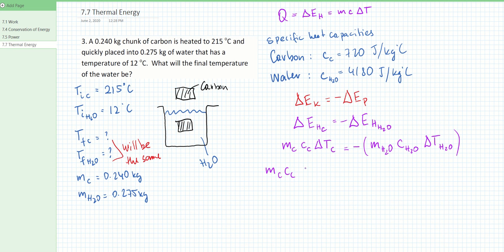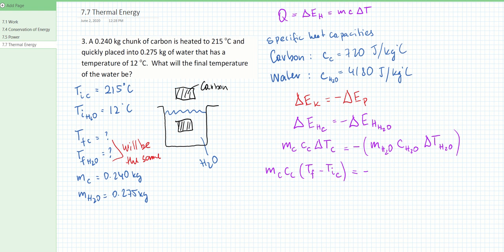MC. Remember, delta just means final minus initial. So here we're going to have our T final. And T final is going to be the same for both of them, so I'm not going to write a subscript because it's going to be the same T final for both of these materials. Minus Ti carbon. I will use a subscript here.